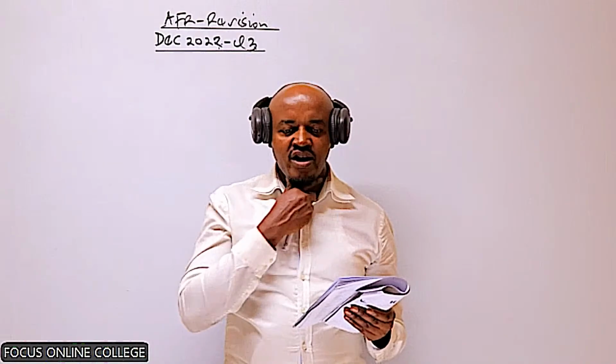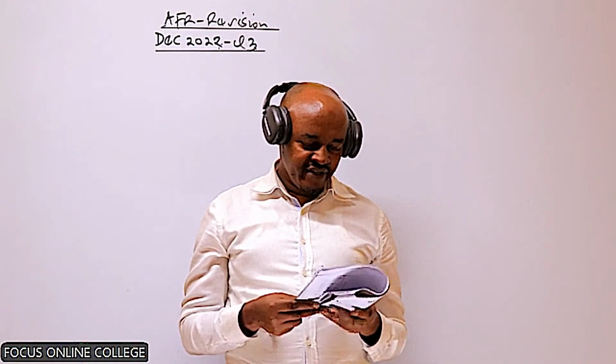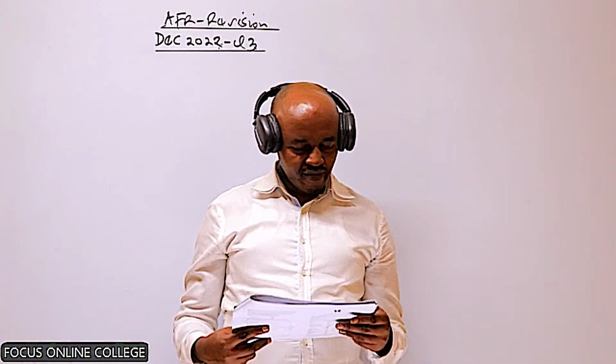So we're given the statement of profit or loss and other comprehensive income for the year ended 31st of October 2022 for 3 companies, H, S, and L. Then downstairs we have the statement of financial position for H Limited, S, and also L Limited. Then from there we have some additional information, note number 1 all the way to note number 7.